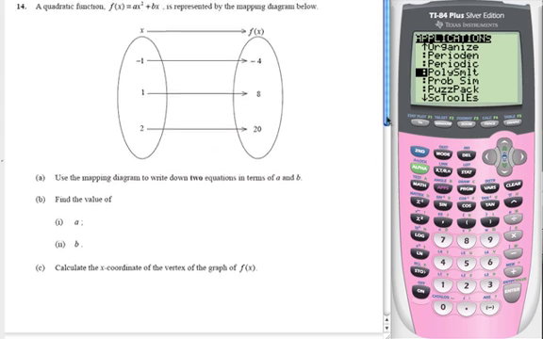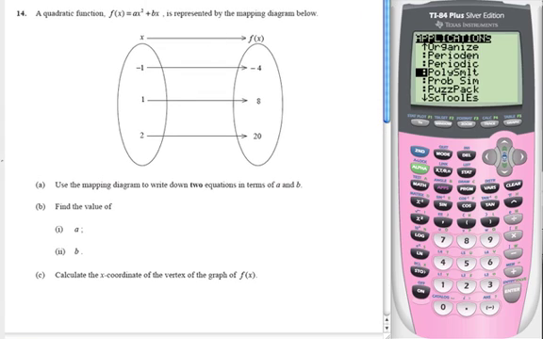Okay, so all I need to do for my two equations is, first of all, let's just use the top line. So I can say negative 4 equals a times negative 1 squared add b times negative 1, which I can make a little bit nicer.